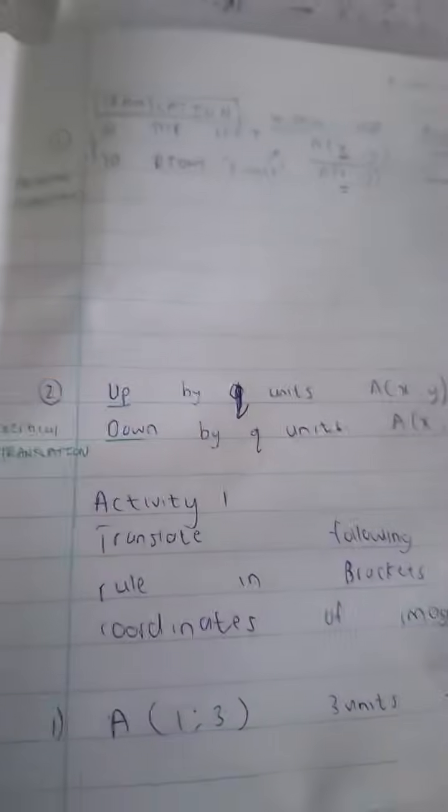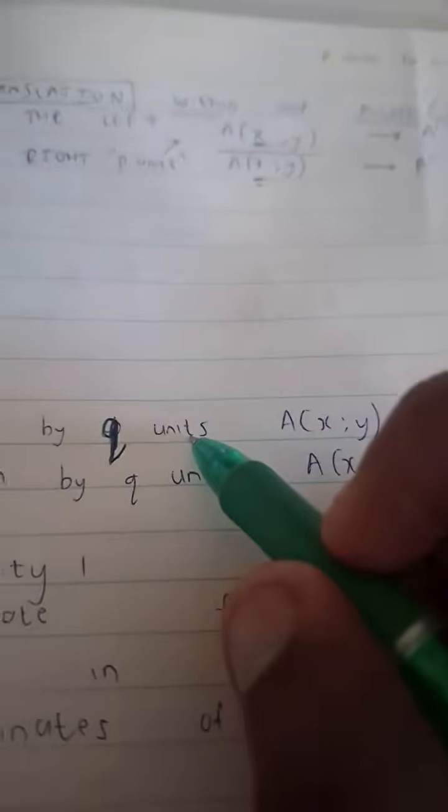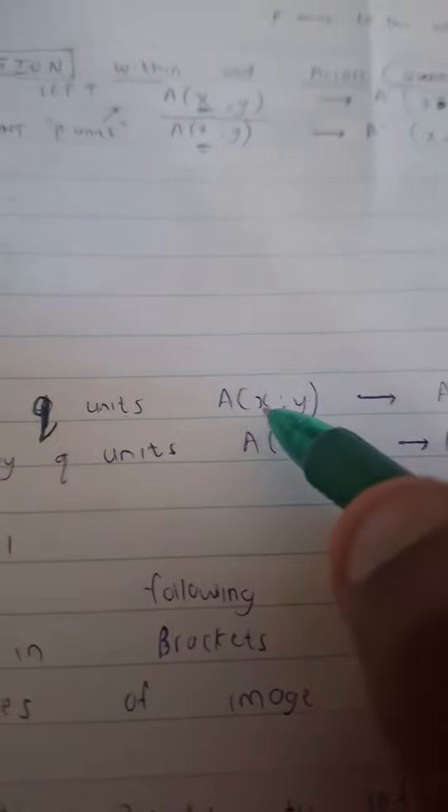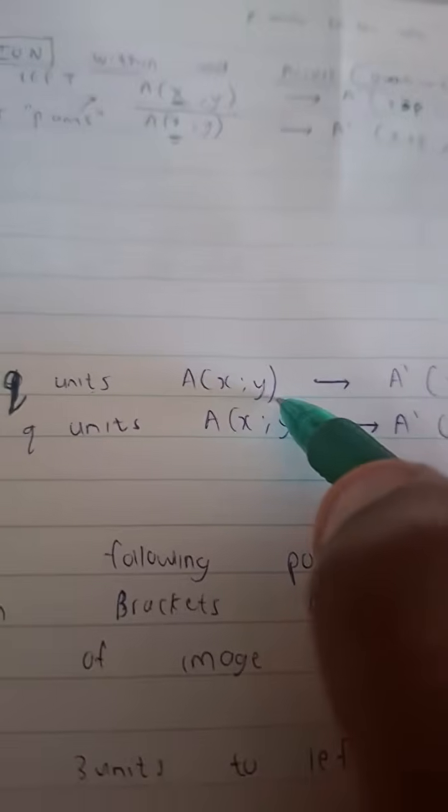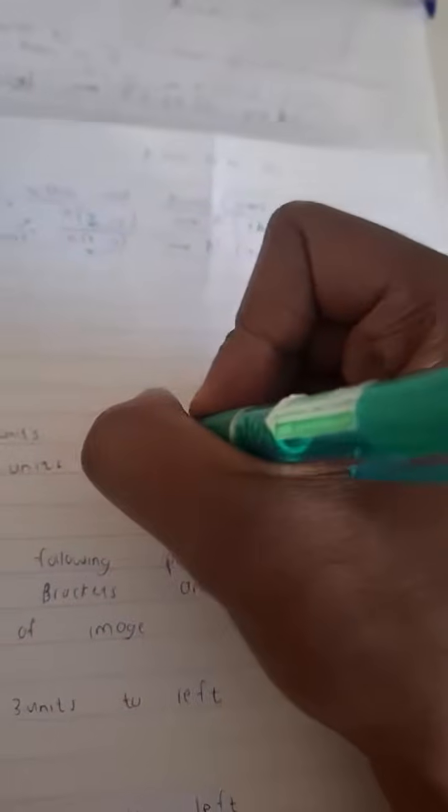Now with vertical translation, we can either move up or down. We can move up by q units. Now obviously if we are going up by q units, then it means our point x and y, who is affected first and foremost? This time round it's not x that is affected, but it is y that is affected.